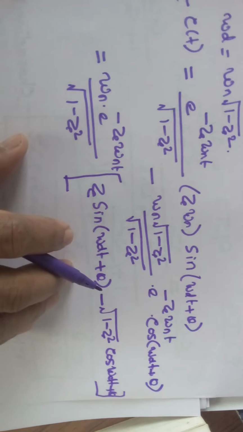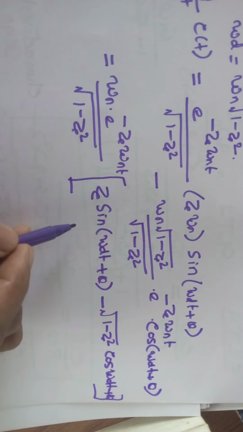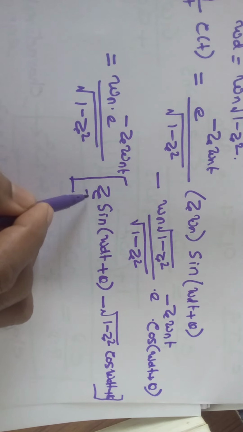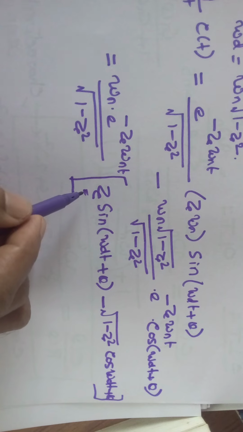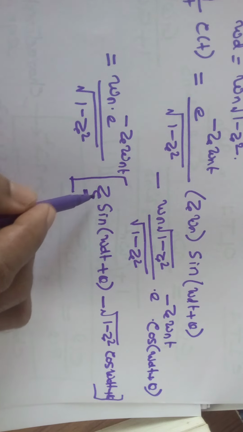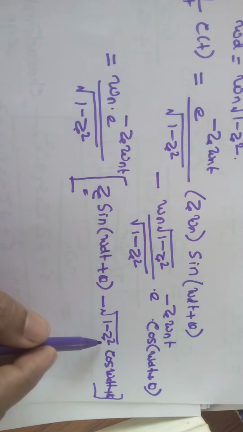Understood? So from this right angled triangle we can write zeta is equal to cos theta, isn't it? Zeta equal to cos theta and square root of 1 minus zeta square equal to sin theta.